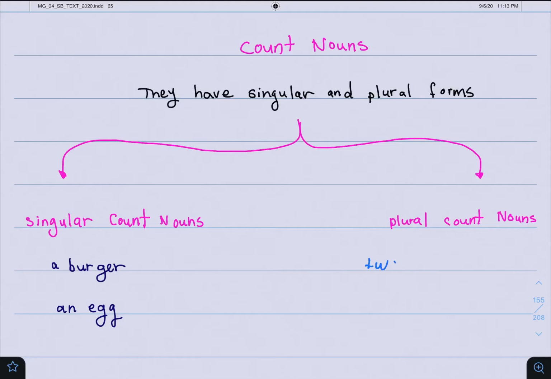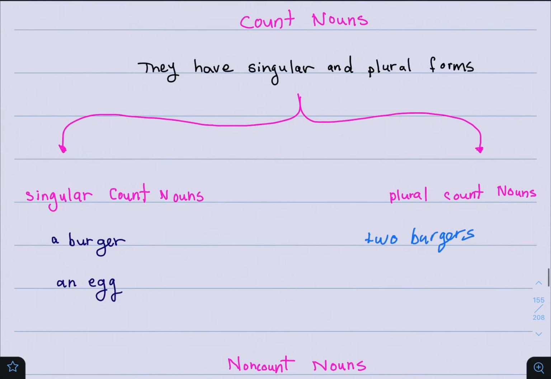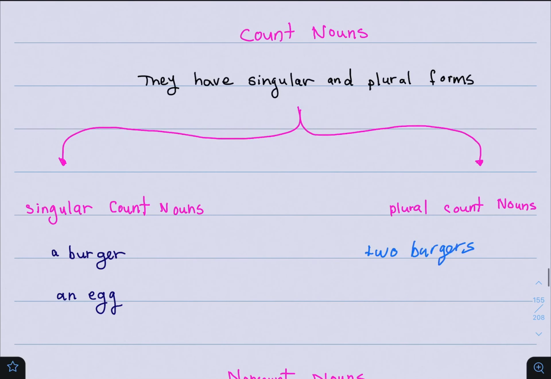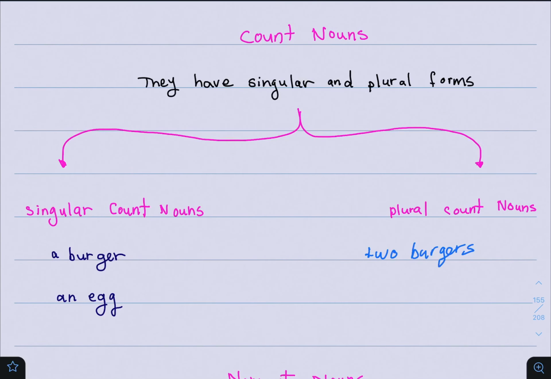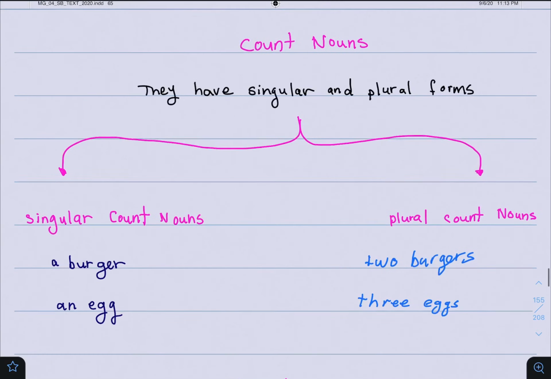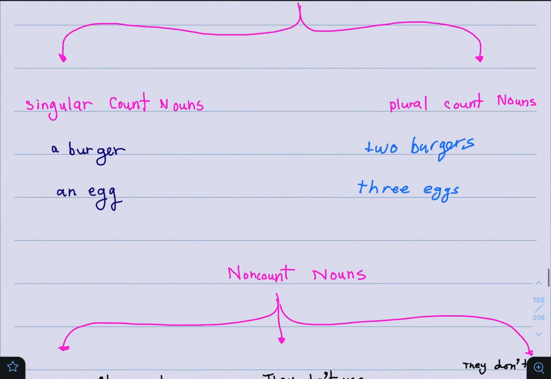I'm going to add s to the noun. An egg, for example, I want to say 3 eggs. When you add s to the noun, لازم تتبعون قاعدة إضافة الاس بطريقة صحيحة. So this is the first thing, count nouns.